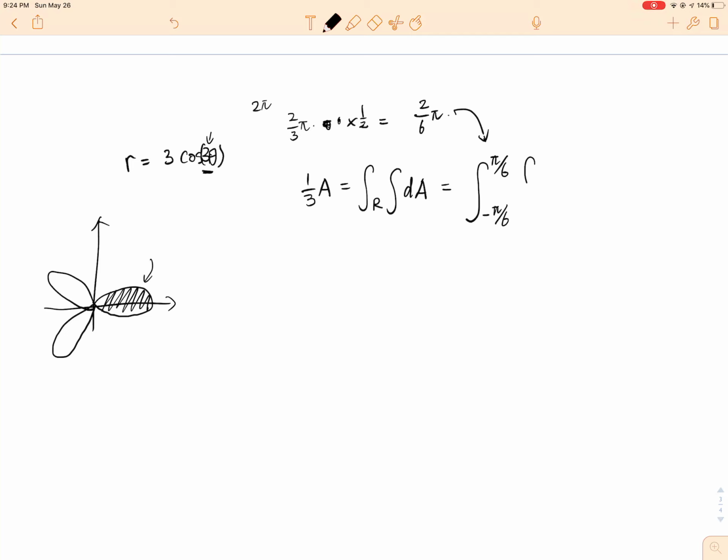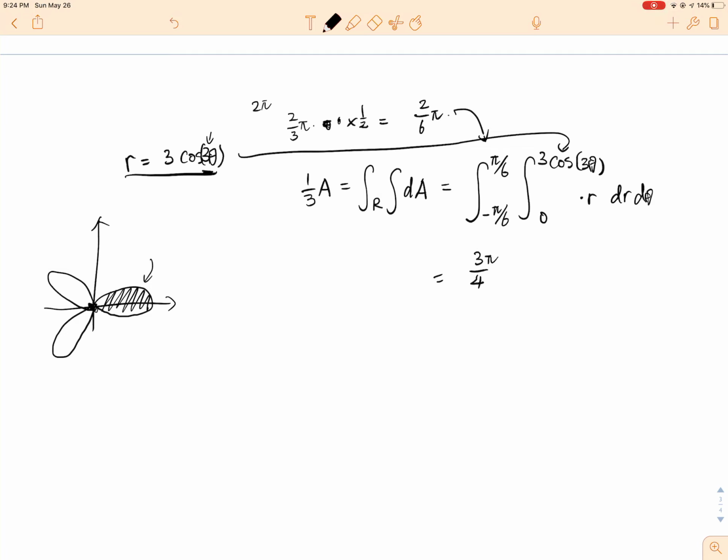And then for r, the upper bound is this function, so we just move this over here, and the lower bound is 0, this point right here, and there's no f of x and y, so we just multiply by an r back here and dr d theta, and we solve this integral, and it will be 3 pi over 4.